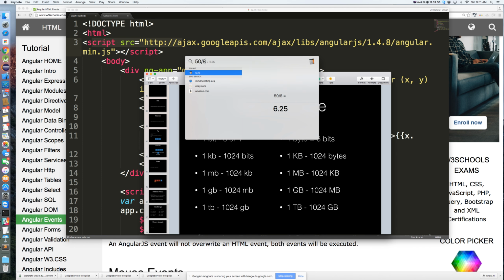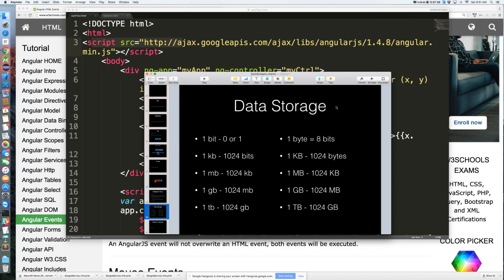That's only 6.25 megabytes per second. It's still fast, that's still plenty fast, but internet speeds are measured in megabits per second over on this side. Kind of an interesting thing there.